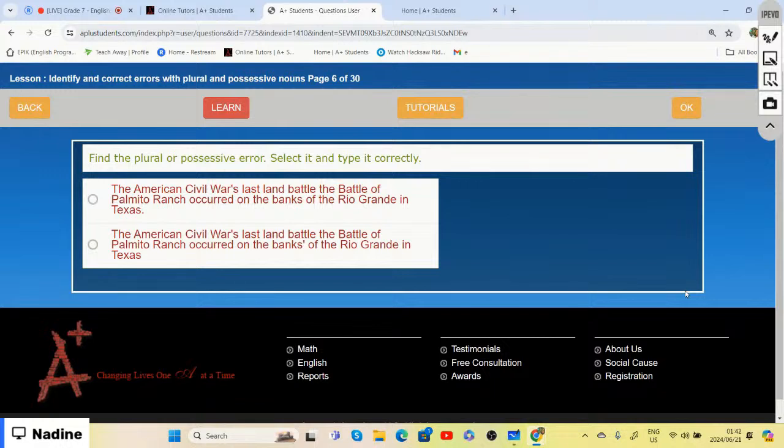And if we were to choose the correct one, right, we either find if it's a plural or we need to find if it's a possessive error.